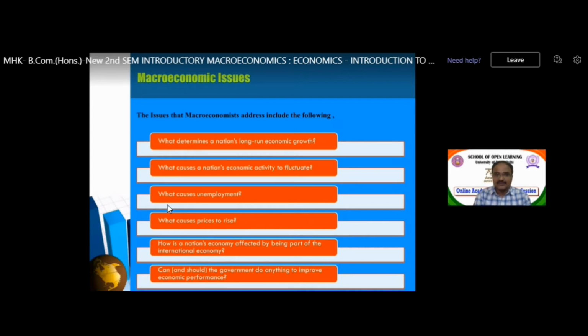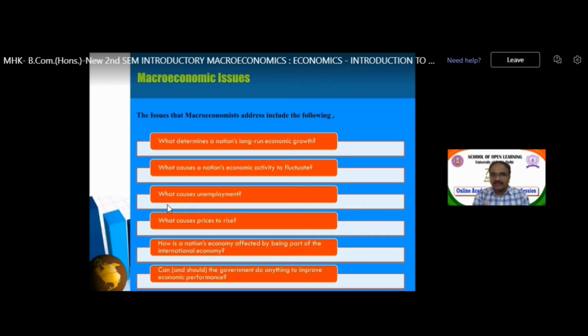But if you exchange goods and services with the rest of the countries, how will it affect the nation's economy? So we are discussing open economy and closed economy. There are two parts. Closed economy means the exports, imports and exchange of goods and services take place within the domestic country.